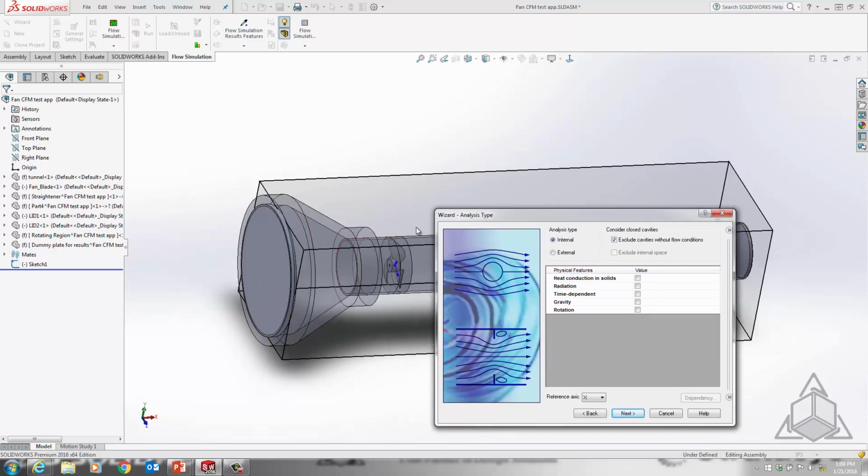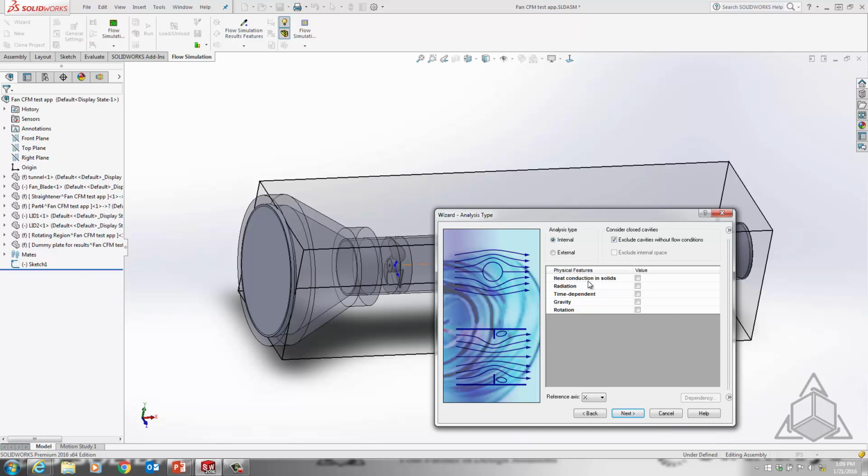As I mentioned, I created this nozzle right here, and all the air is going to be sucked in from this nozzle. So I can represent the inner faces of this nozzle as atmospheric temperature and pressure.